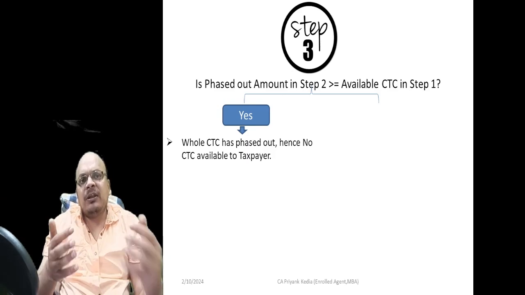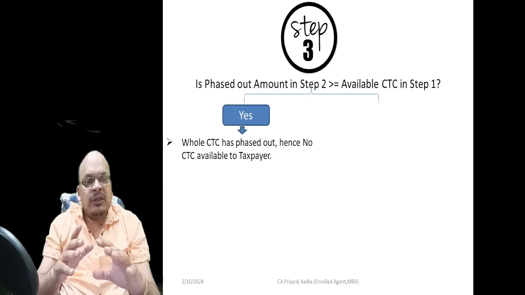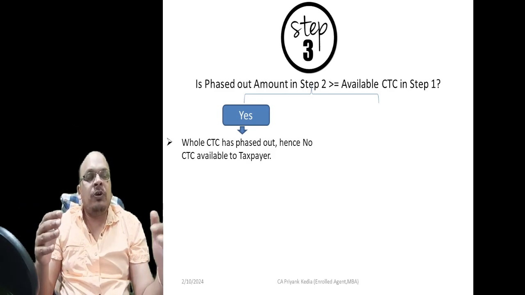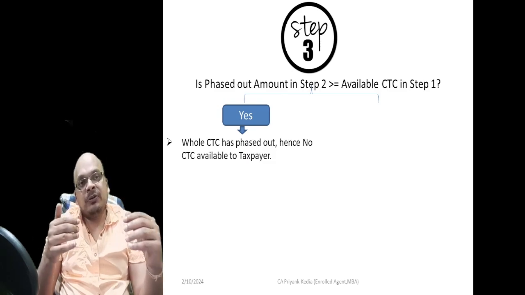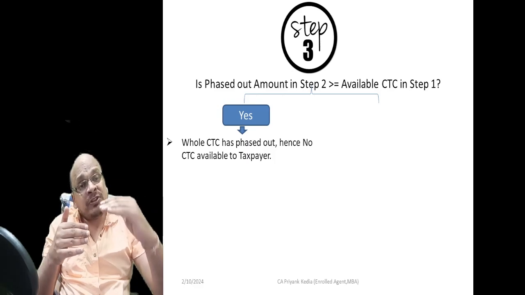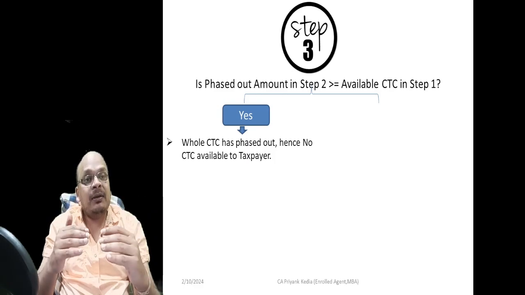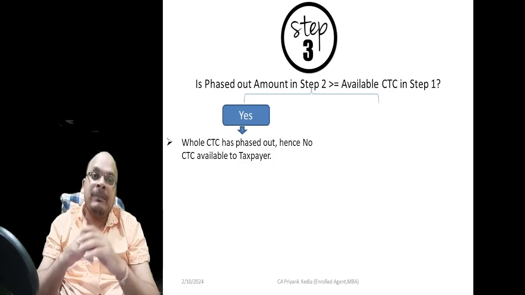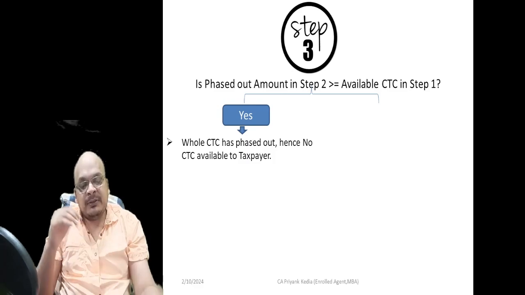And since he is not eligible for this benefit now, there is no question of ACTC. You cannot say that since he is not eligible for $2,000, it is unused. The question of unused will come when he will be eligible for a certain amount. Here, because the whole child tax credit has phased out, he is not even eligible for the basic or any minimum amount of child tax credit, right?